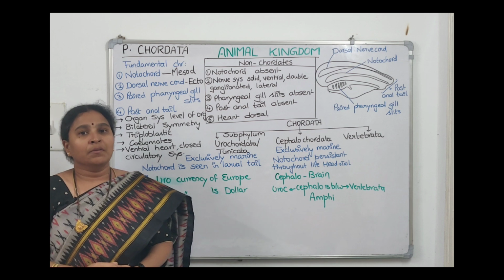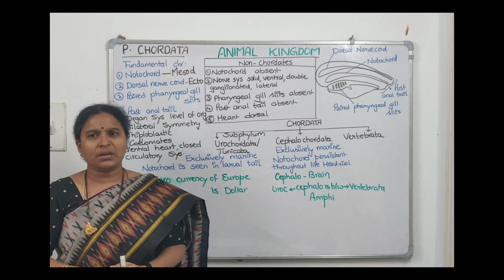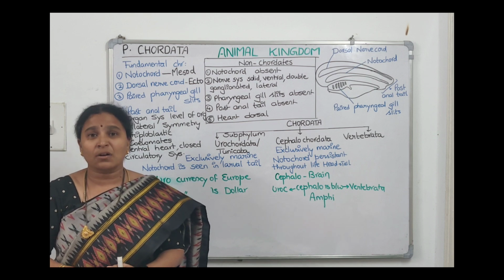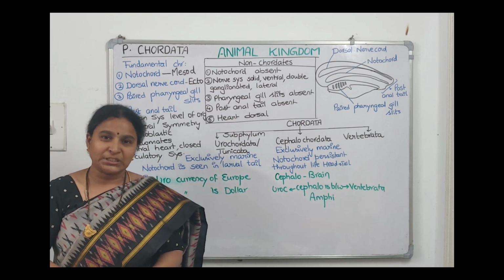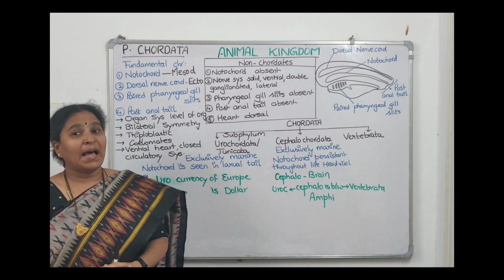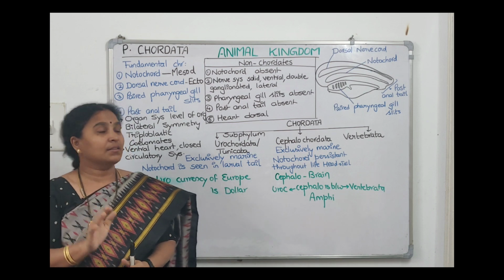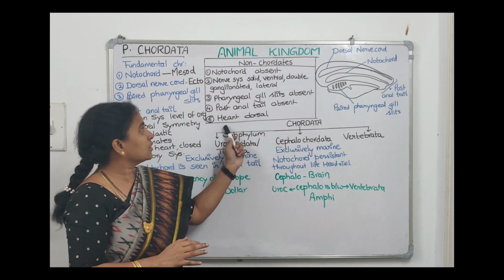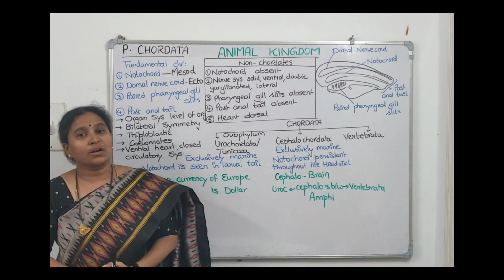And third one, pharyngeal gill slits are absent in non-chordates. We have seen from Porifera to Hemichordata. We did not say that pharynx is there or gill slits are there. So pharyngeal gill slits are absent. And next one, post-anal tail is also absent. And for us, heart is ventral, so in non-chordates, if a heart is there, then it is dorsal. Come on, children, tell me, what are the non-chordate characters?